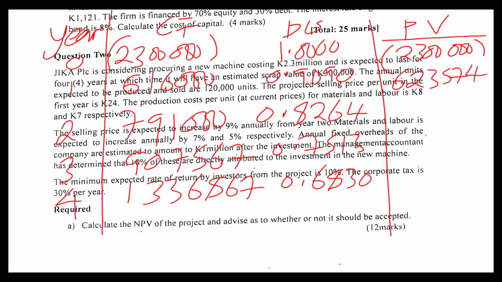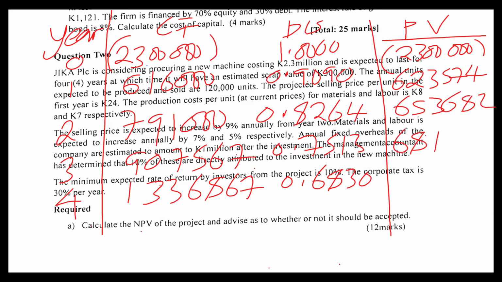Second year. Someone to do third year, someone fourth year. We are a group work. We cannot be spending such a time. Second year is 653,682. The third year is 681,855.